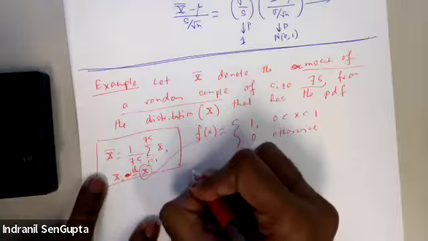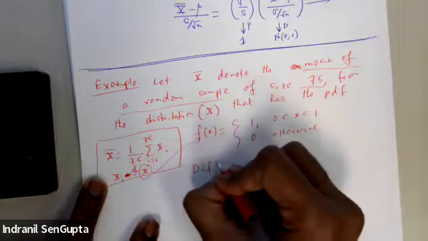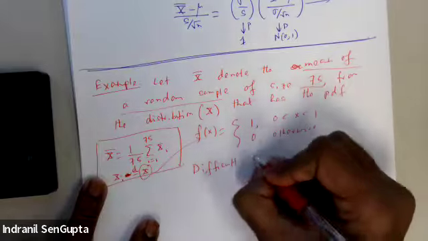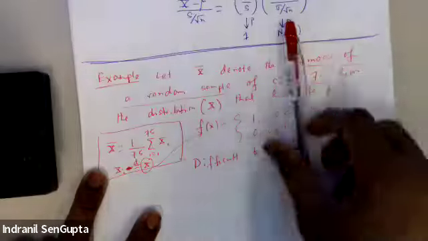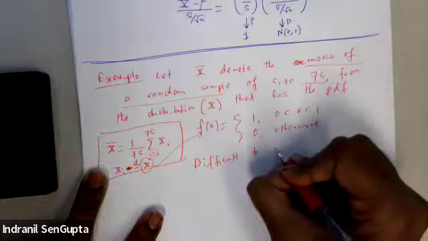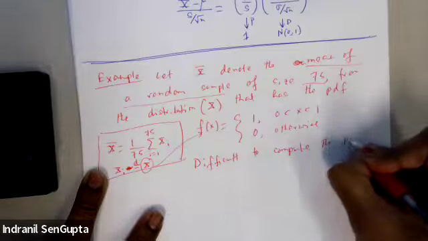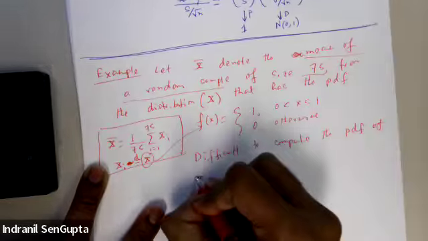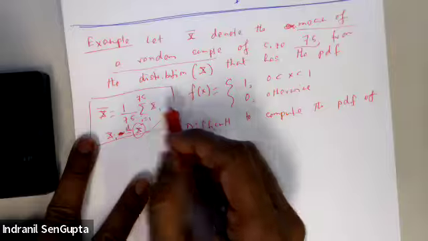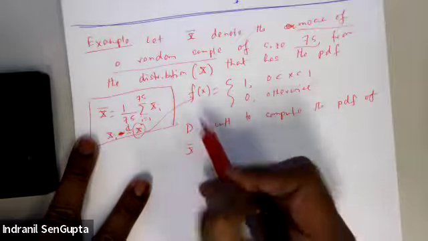So in this situation, it is difficult to compute the PDF of X bar, right? Because there are 75 additions, it's a convolution. They're independent, so you can have the sum of two random variables, but it's difficult.